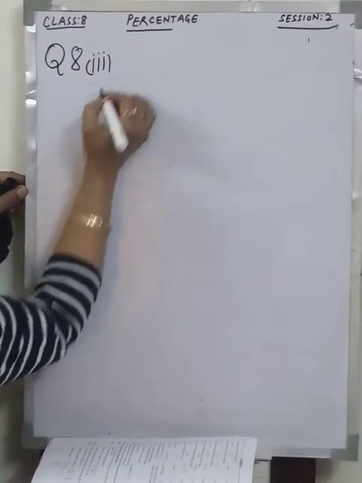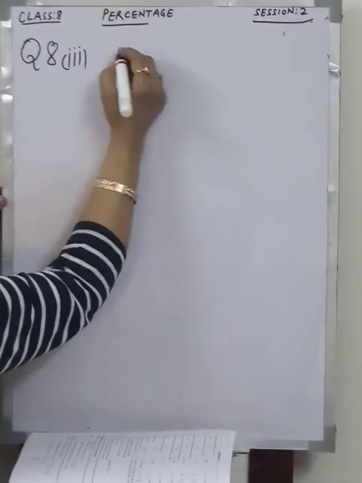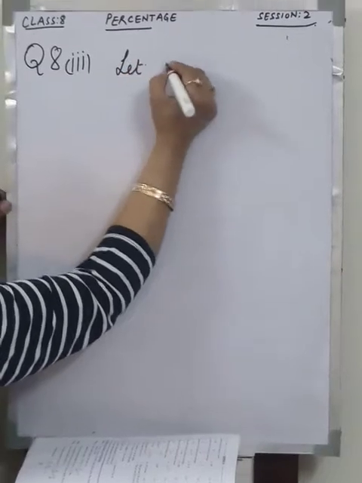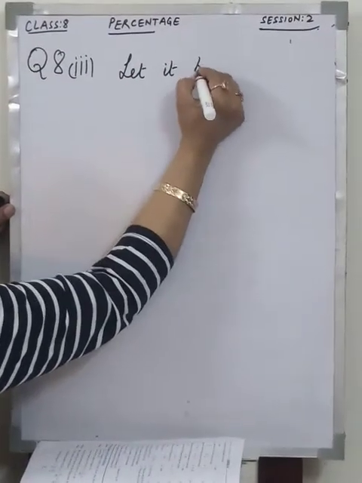Question number 8, third part, what they are saying: what percent of 50 kg is 65 kg? First you will write the mathematical expression for it and then we will solve it. Let it be x percent.